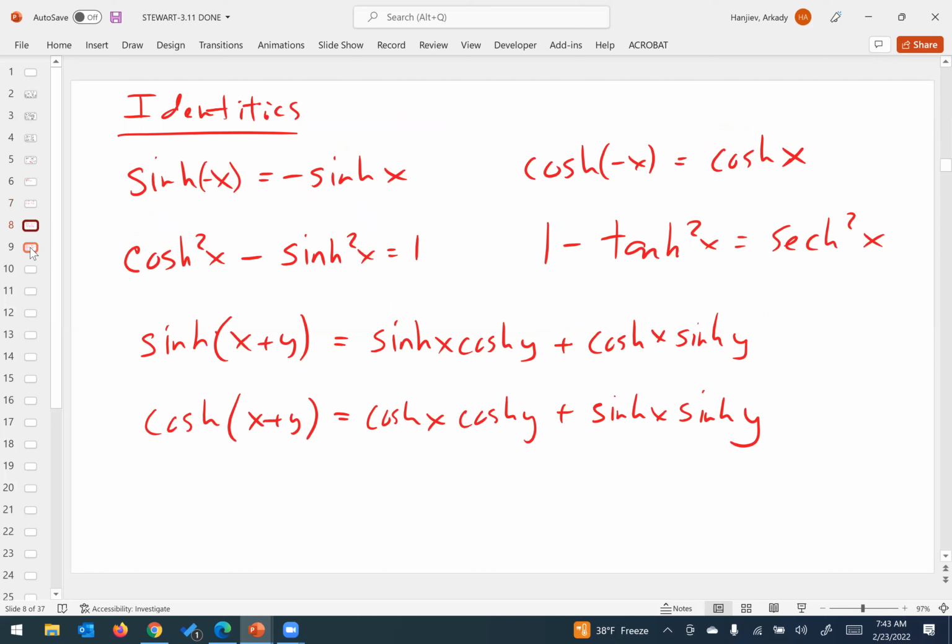Okay. Identities. Not all the identities from trigonometry hold over. I mean, they do, yes, but we're just going to consider the ones needed for calculus. So hyperbolic sine is still an odd function. Hyperbolic cosine is still an even function. That's cool.